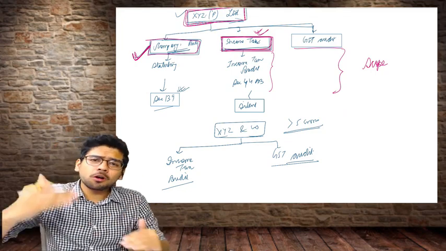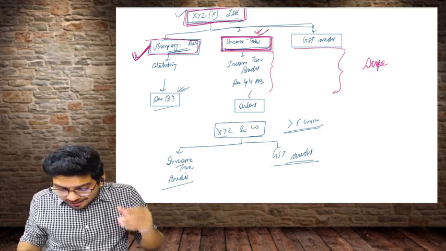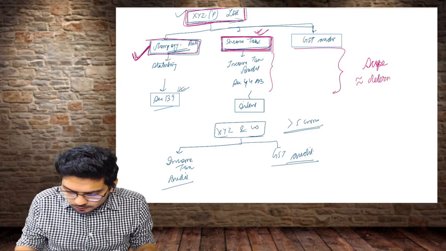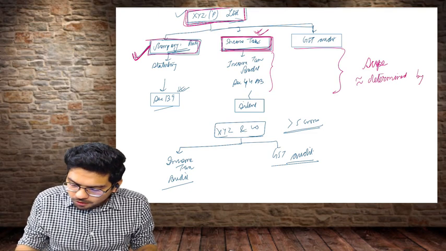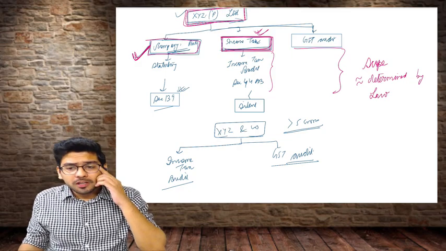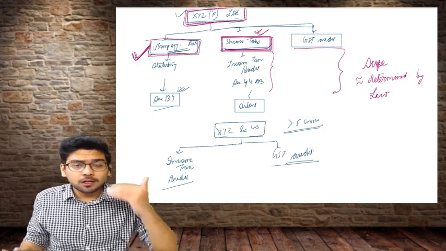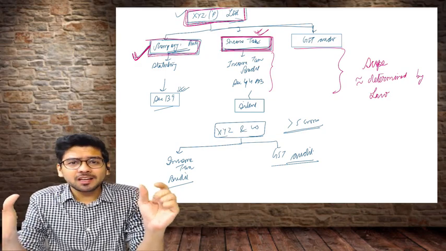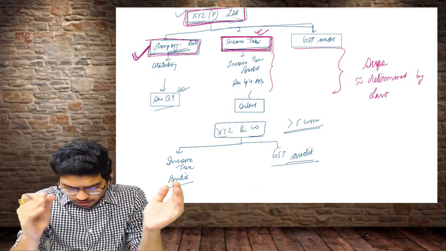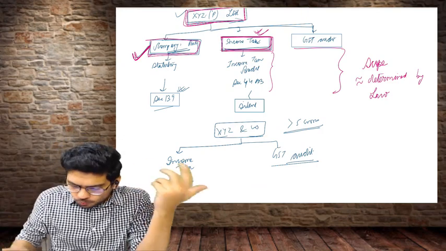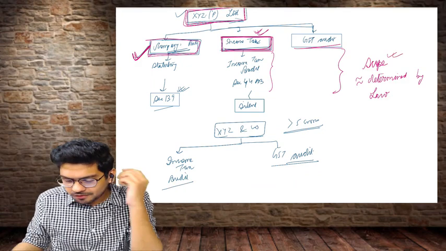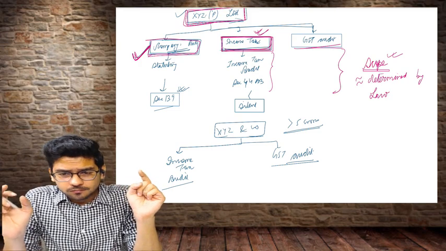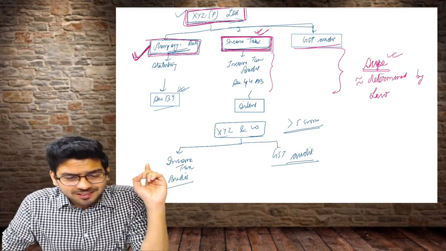Generally, in these three cases, the scope of audit is determined or given by the law. What all things the auditor needs to report under the Companies Act is given in the law. So in short, Divya has to determine the objective and scope, and in most cases, like the examples I have given, the scope of audit is determined by law. Are you able to understand this point? Is this point clear to everyone?